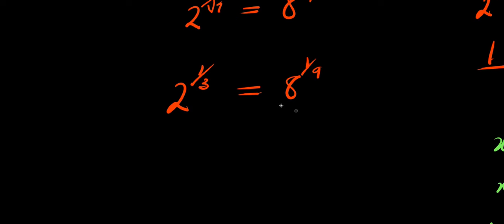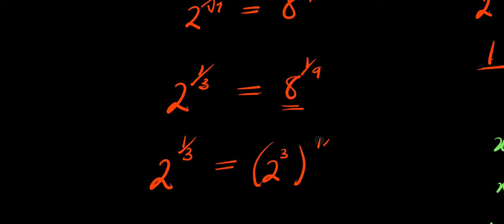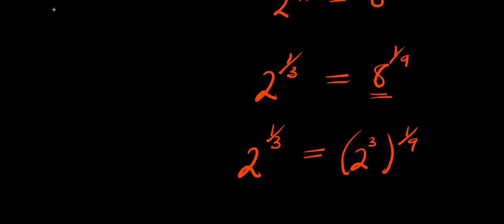So I have 2 power 1 over 3 equals 8, which is simply 2 power 3, and this is raised to the power of 1 over 9. Now remember this identity: if you have a power m raised to the power of n, this equals a power m times n.